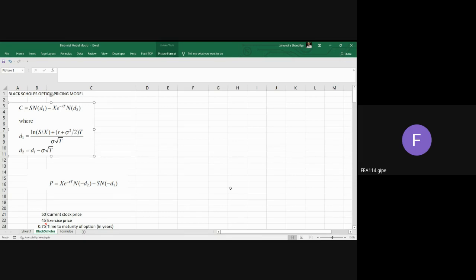So some background about this formula. Two gentlemen, Fisher Black and Myron Scholes, in 1973. This period is around the same time when options started trading in America.